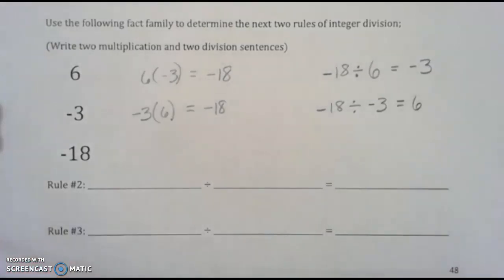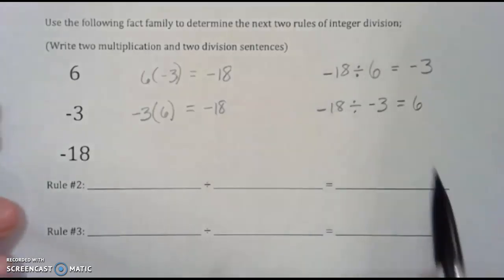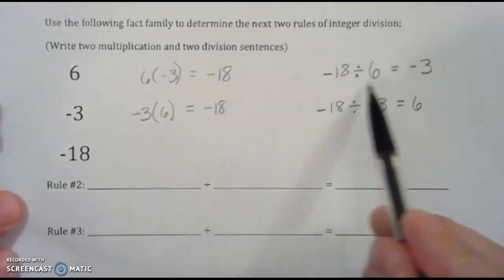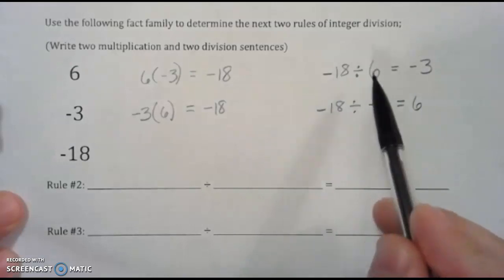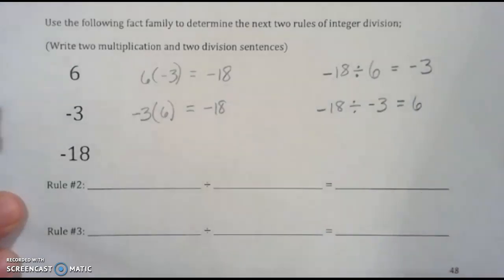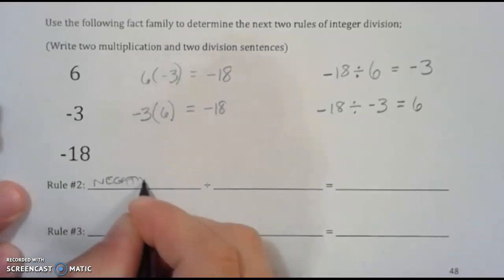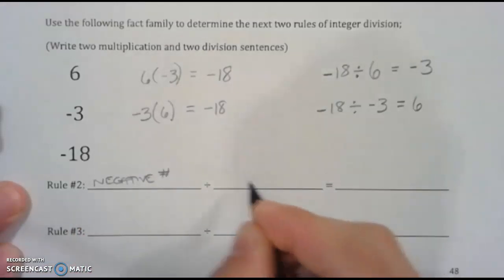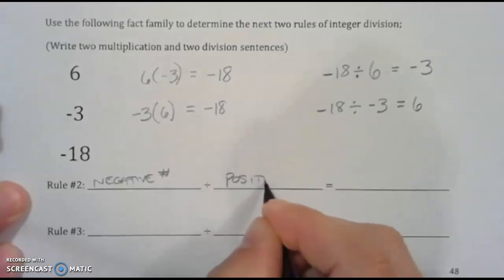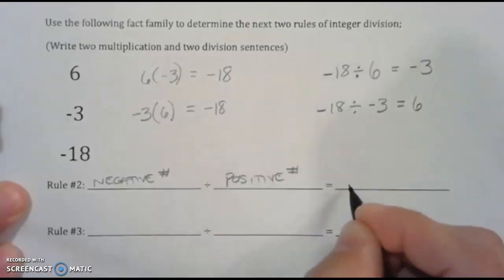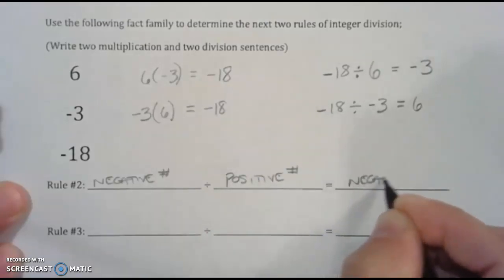Okay, and so now based off of these 2 divisions, I can see what the next 2 rules are. If I look at this top division problem, a negative divided by a positive equals a negative. And so I'm going to write that in here. A negative number divided by a positive number is equal to a negative number.